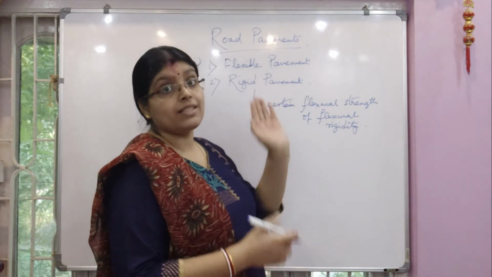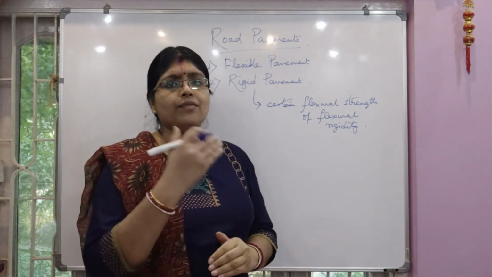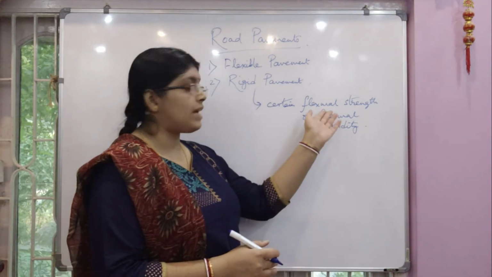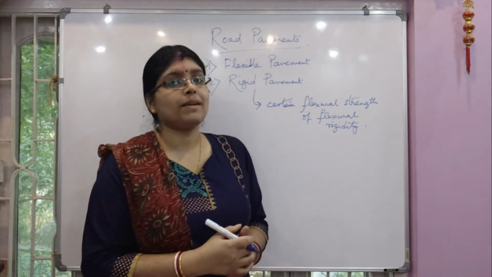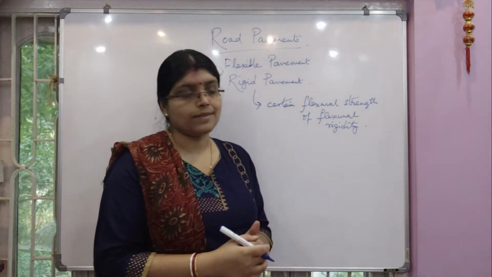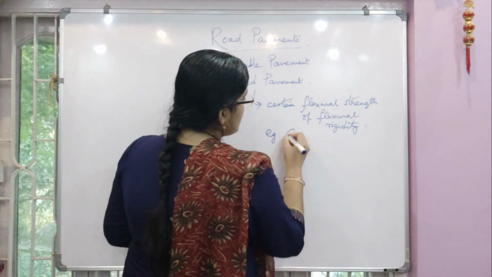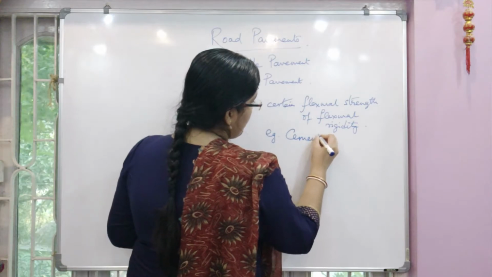A rigid pavement derives its capacity to withstand the wheel loads which are coming on that particular pavement from the flexural strength. Now we will see the best example of a rigid pavement. So the example of a rigid pavement is a cement concrete pavement.